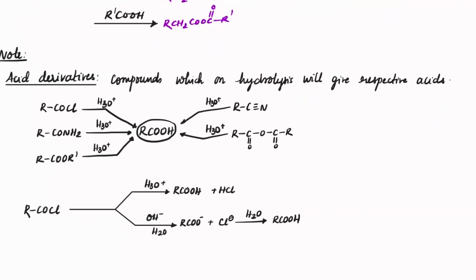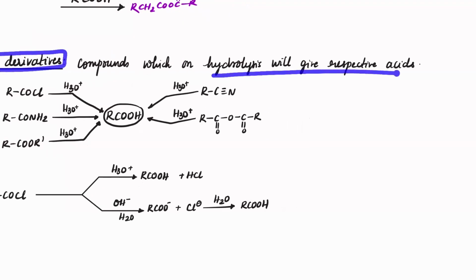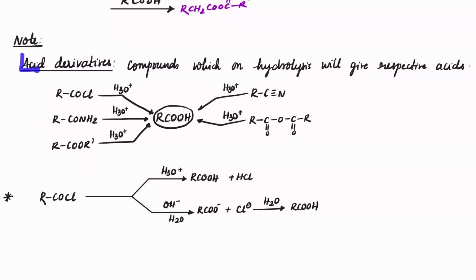Done. Next, notice. In case you have any acid derivatives and you perform hydrolysis, the reason why we call these acid derivatives is that they should give acid on hydrolysis. And which is what it does.